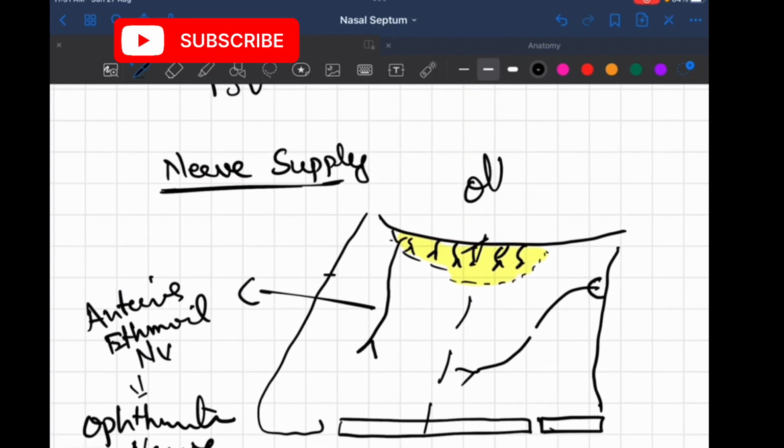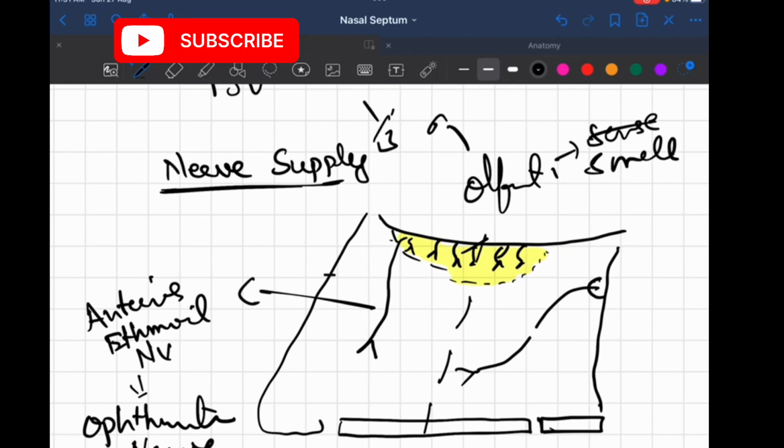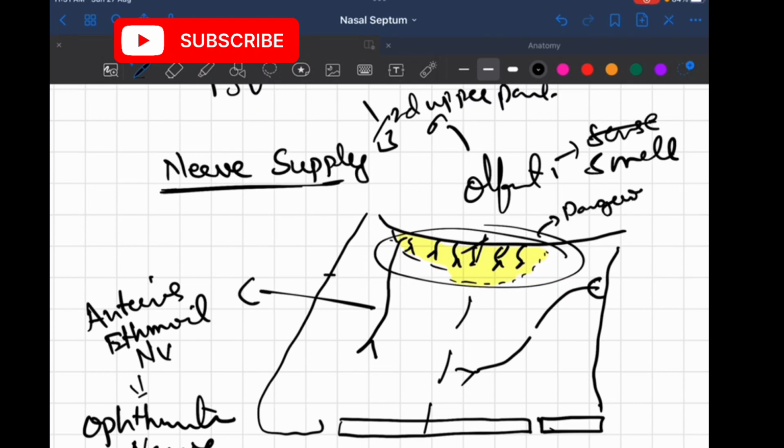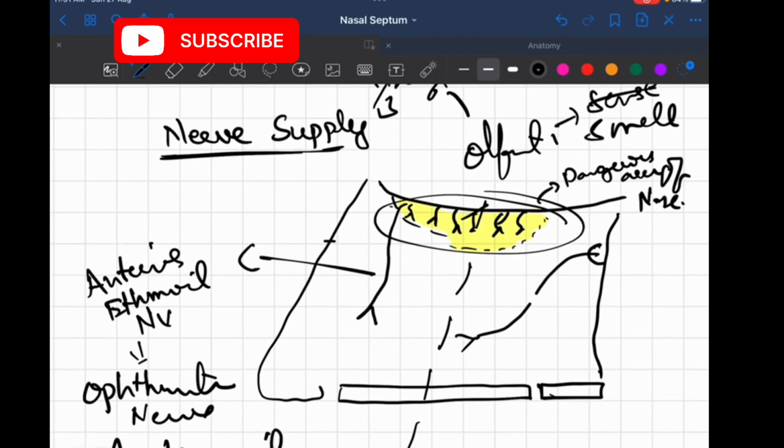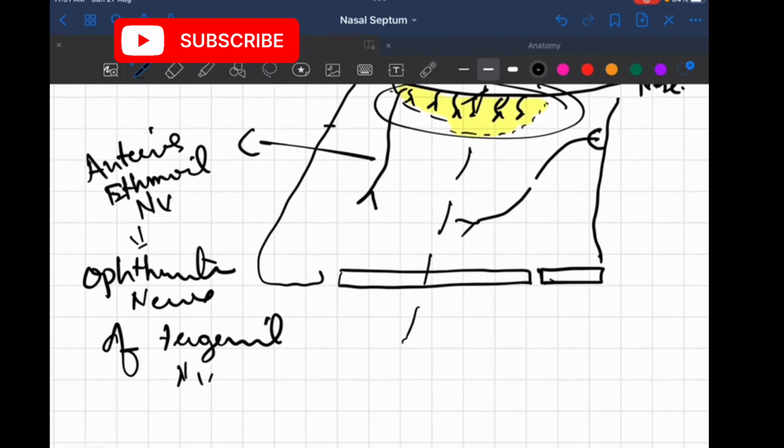This is the olfactory nerve, responsible for smell. It is only in the upper one-third. It is also known as the dangerous area of the nose because it is an unmyelinated nerve. Any infection can spread through this area directly into the cranial cavity because of its unmyelinated nerve.